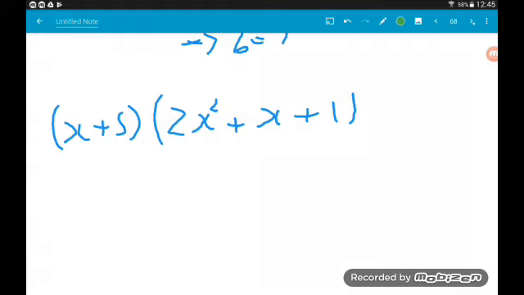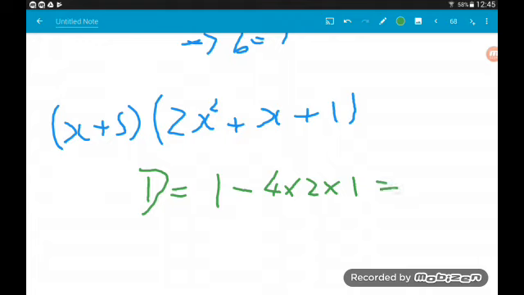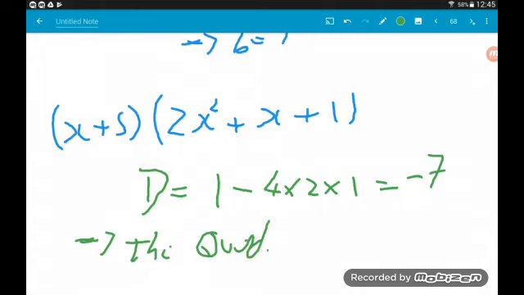So, the discriminant of this guy is going to be 1 squared, so 1 minus 4 times 2 times 1. Now 4 times 2 times 1 is 8, so we got 1 minus 8, which is minus 7. Now when the discriminant is less than 0, there are no real roots. So this implies the quadratic has no roots.